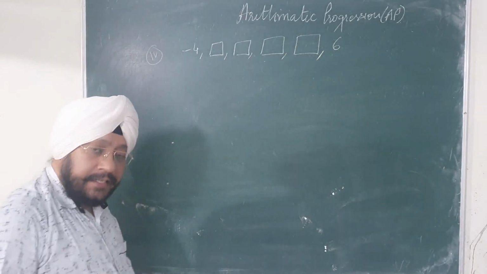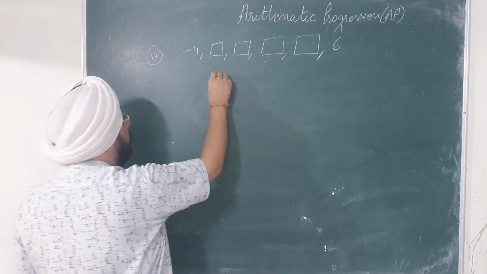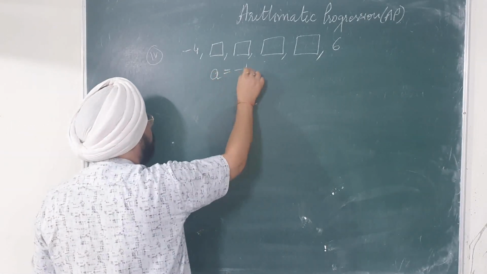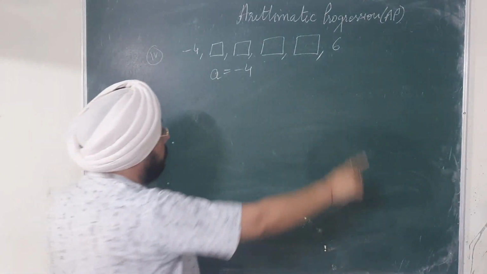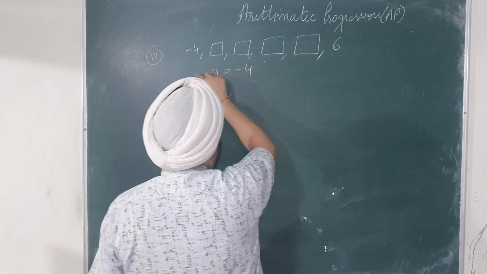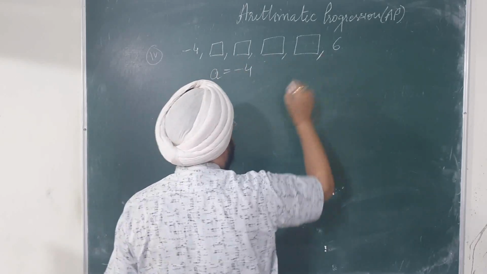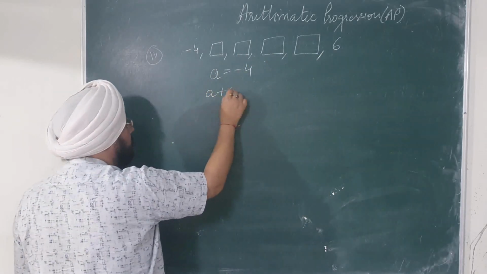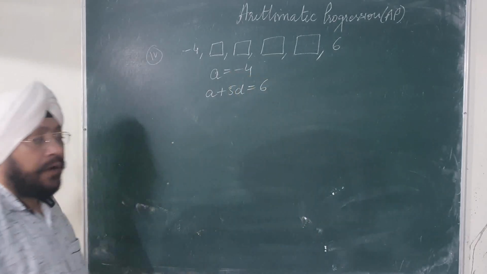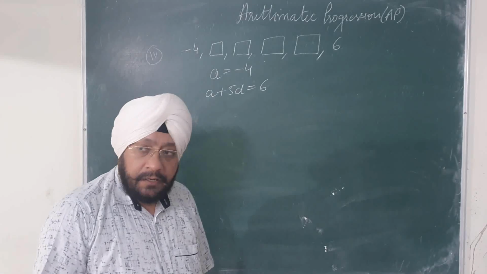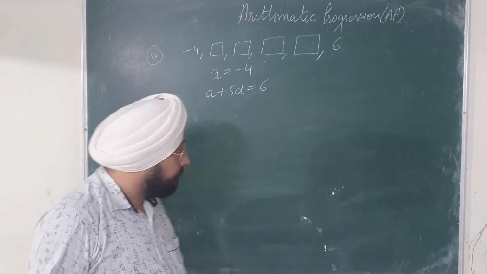We have 6 terms in which the first term is given as minus 4, which is represented by a, and the sixth term is given to you. Sixth means a plus 5d. This is also given, and we have to find the second, third, fourth and fifth terms.